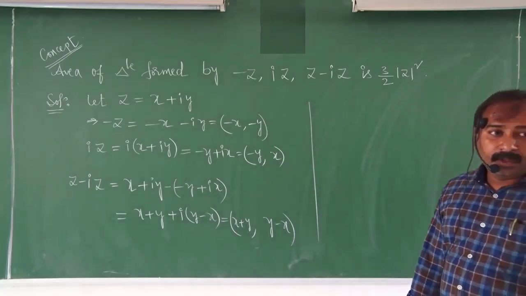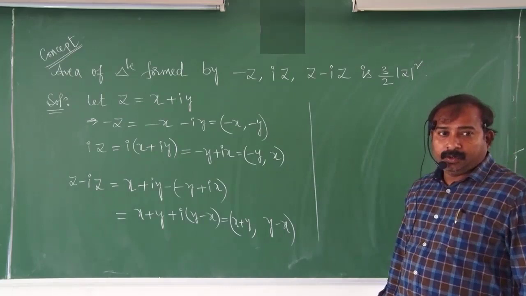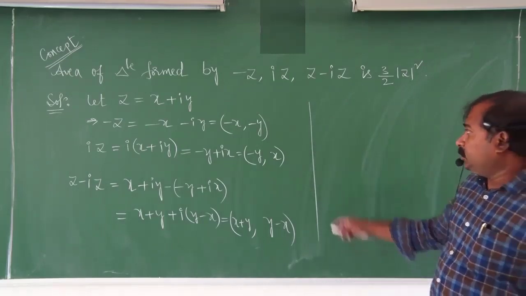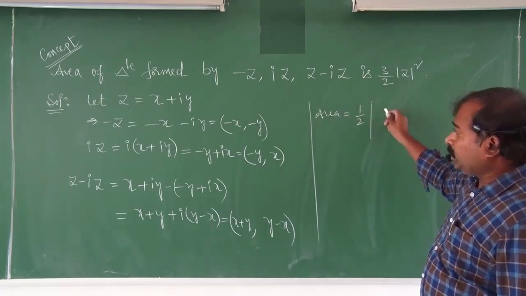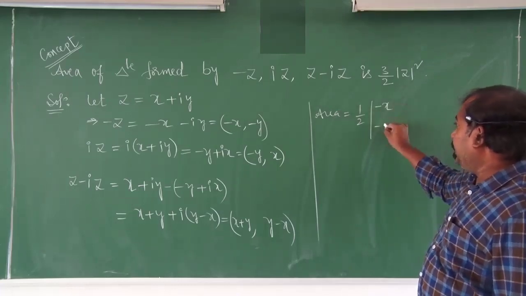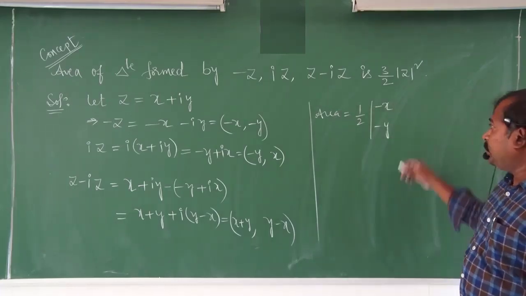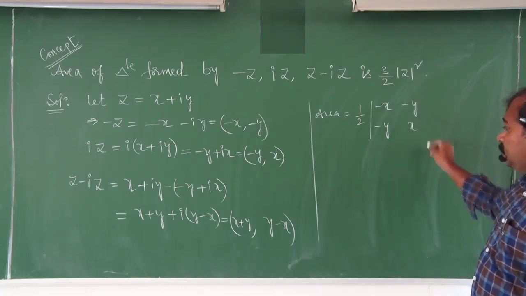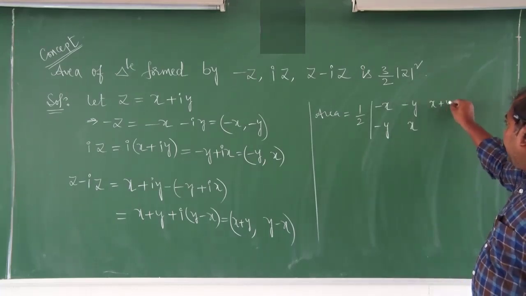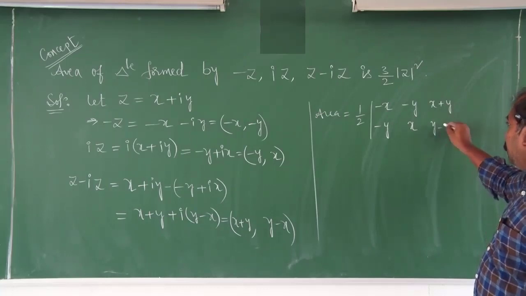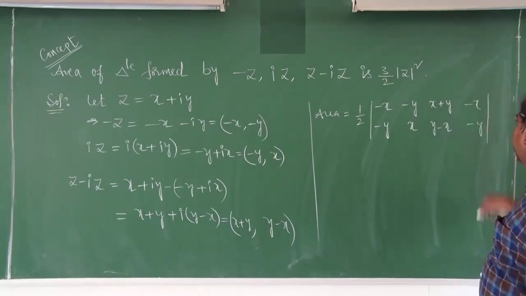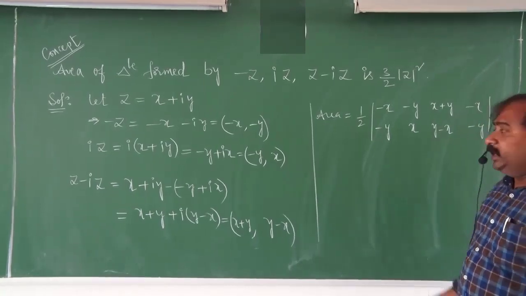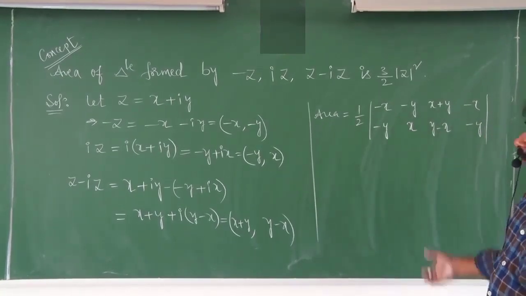So we know the 3 points already. Three points are given, then find the area. Area equals half into, one general form is there, like in the geometry part: minus x, minus y; x plus y, y minus x; then again minus x, minus y. I hope you know this formula. Then expand this whole value.